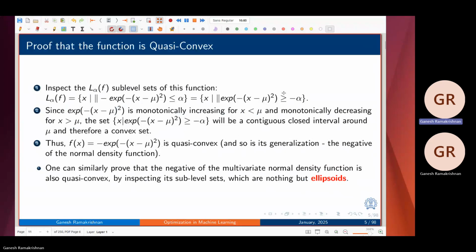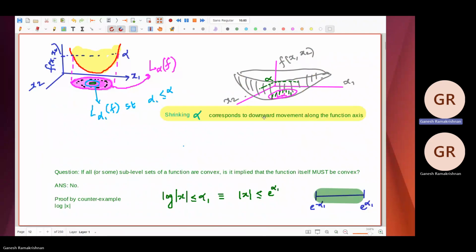Sorry, x minus mu less. x less than, it would be x less than mu plus or minus. Oh, yes, yes. There's an additive factor which I missed out. Okay. So this is the connection. I mean, this is similar in some sense to log of absolute value of x less than or equal to alpha.